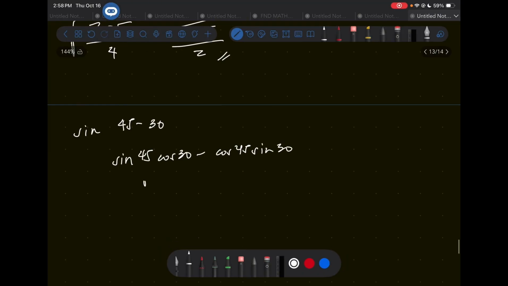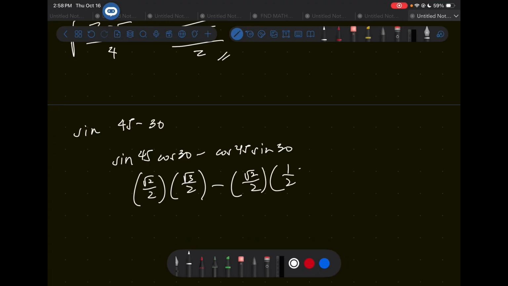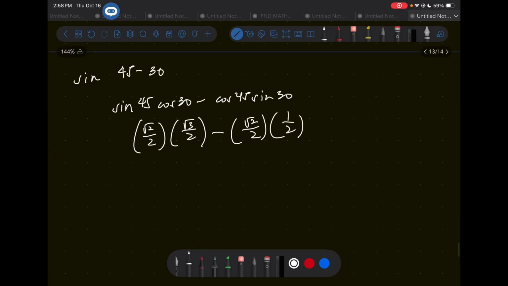So sine 45 is square root of 2 over 2, and cos 30 is square root of 3 over 2. Cos 45 is square root of 2 over 2, sine 30 is 1/2. Now multiply all of them. You're gonna have square root of 6 over 4 minus square root of 2 over 4, which will be square root of 6 minus square root of 2 over 4.